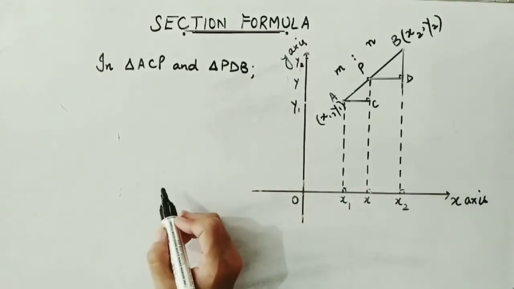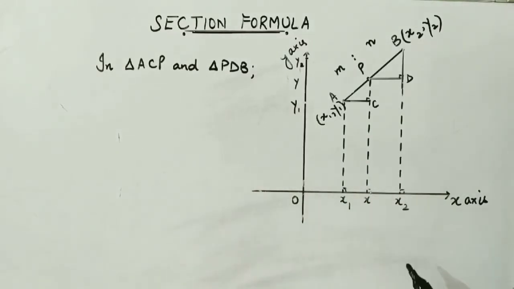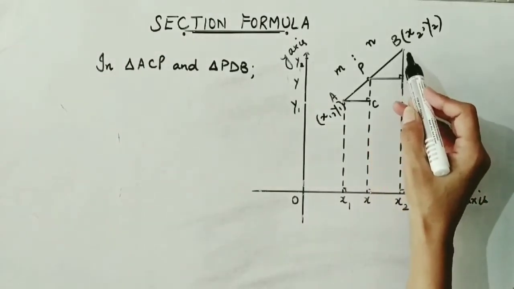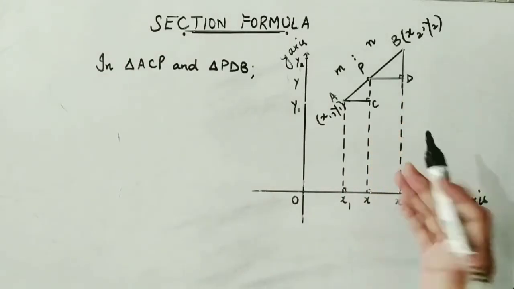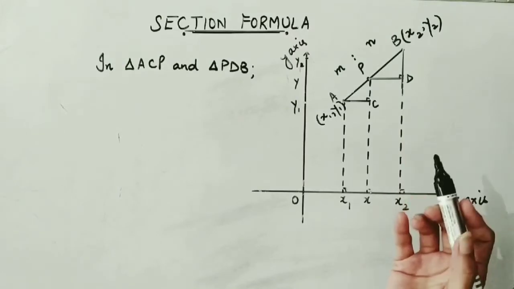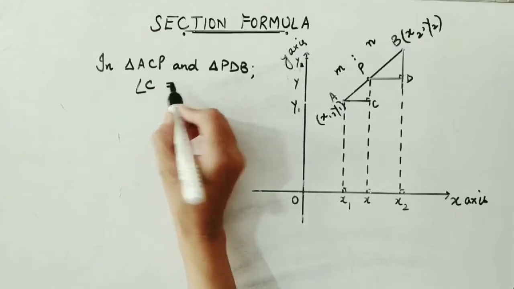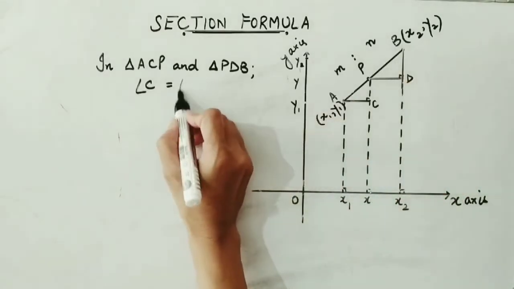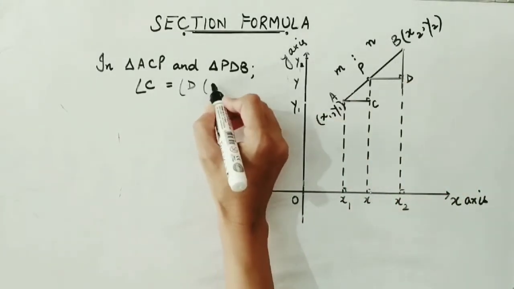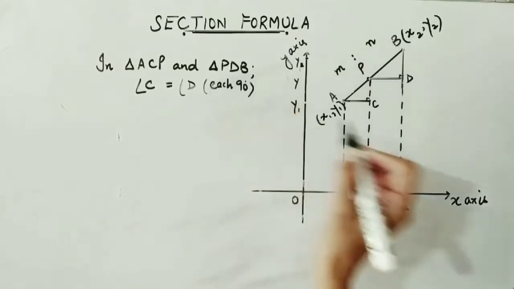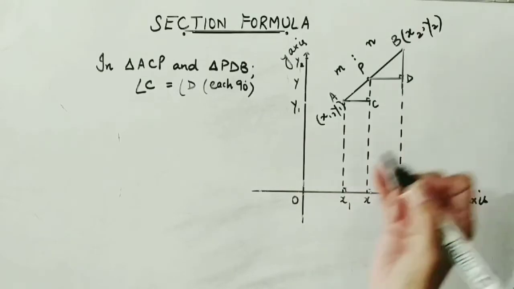These two triangles are similar. For similarity, minimum 2 angles are required. Any 2 angles of this triangle, if equal to corresponding angles of another triangle, triangles would become similar. Let's see which angles we have. In ACP, we see angle C, and in PDB, we see angle D. So this is each 90. Hence, they are equal because it's 90-degree angle.